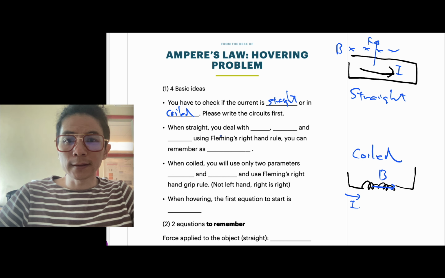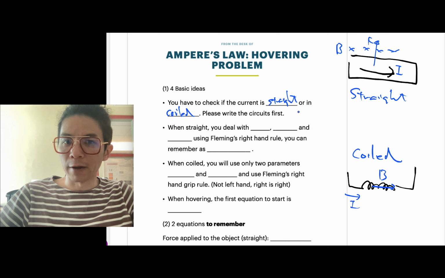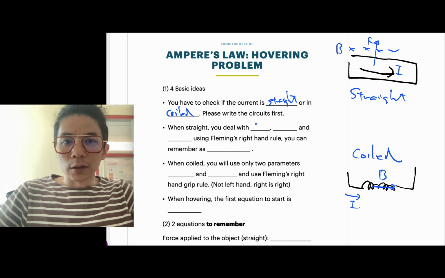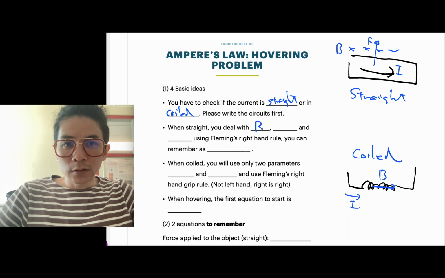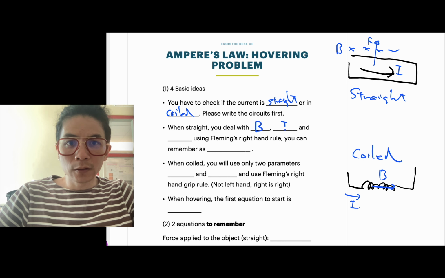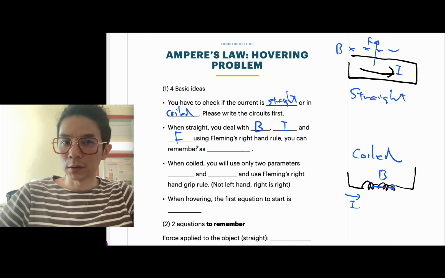When you deal with straight electric current, you are going to deal with magnetic force, current and actually mechanical force. So this is magnetic force, this is electric current, and this is force.